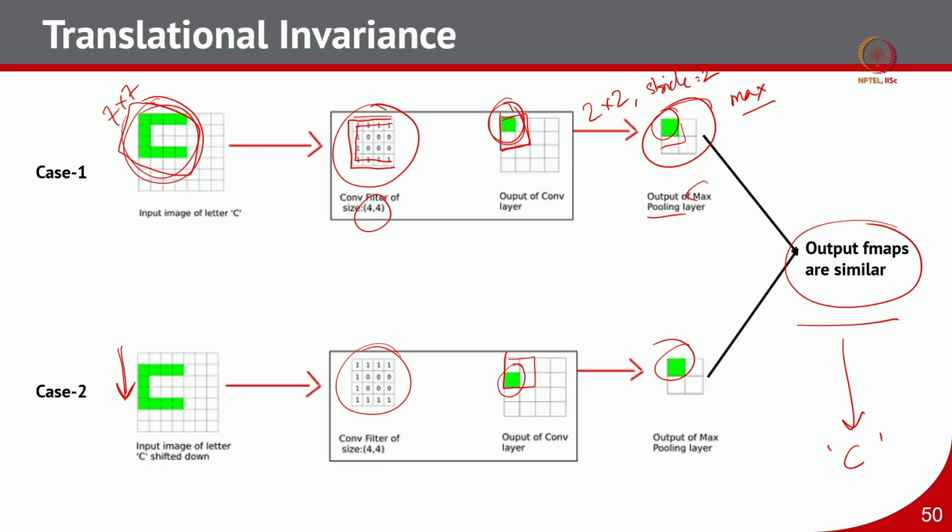Now I also told you that max pooling helps in noise resilience. So let's say again we take the same image C. Let's say this is the cleanest image, and for the sake of argument, let's say the values are no longer denoted as binary values, but as pixel intensities.